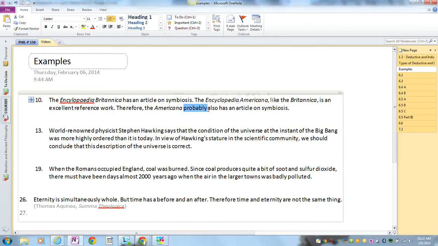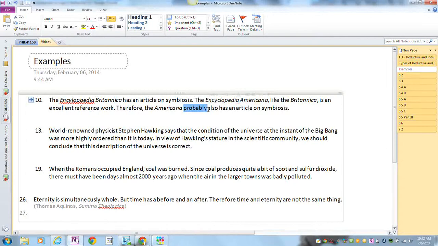The idea is that there are two things, the Encyclopedia Britannica and the Encyclopedia Americana. They're similar to each other. So if the Encyclopedia Britannica has a certain article, you can reasonably expect the Encyclopedia Americana to have the same or an article on the same topic. Okay, so you can reasonably expect it, but it's not absolutely certain.